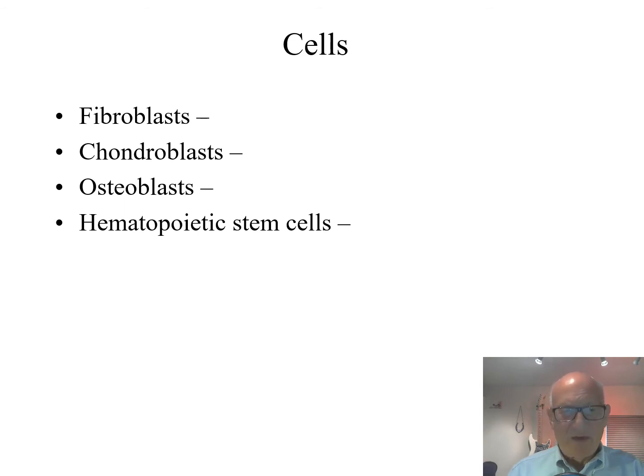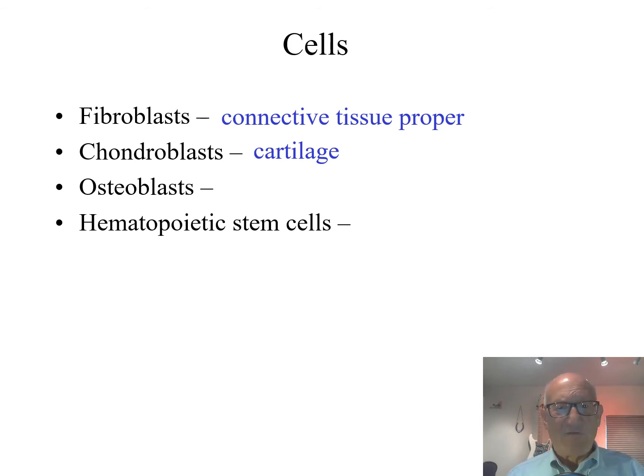The cells, we have fibroblasts that are in the connective tissue proper. They manufacture fibers. Chondroblasts in cartilage, and they actually manufacture the matrix for cartilage. Osteoblasts in bone, and osteoblasts manufacture the matrix, once again, for bone.